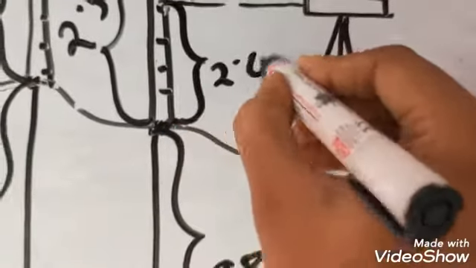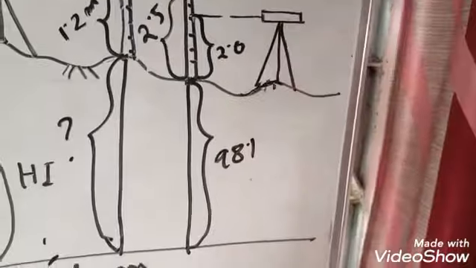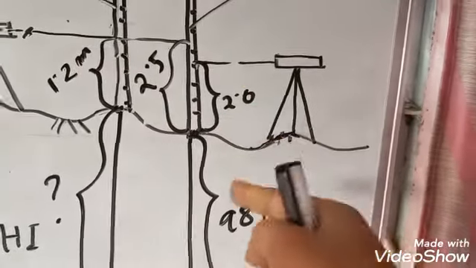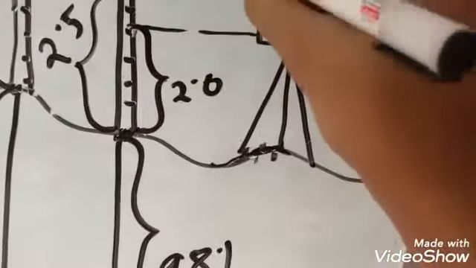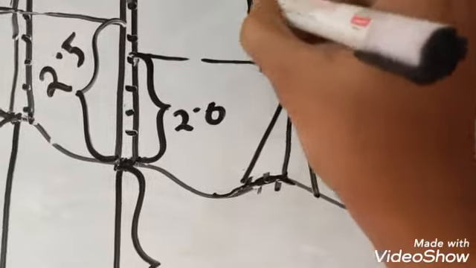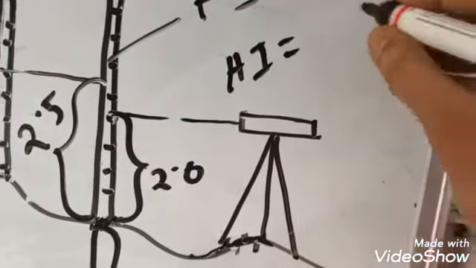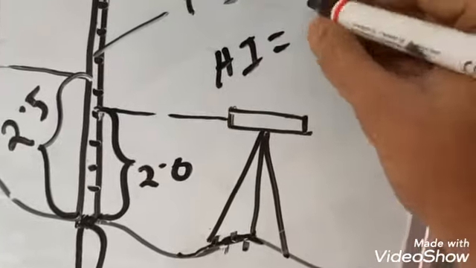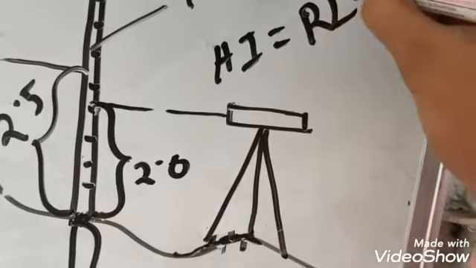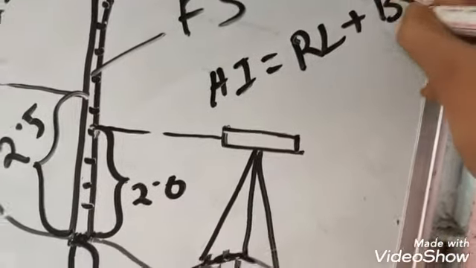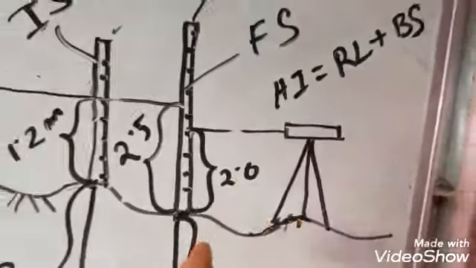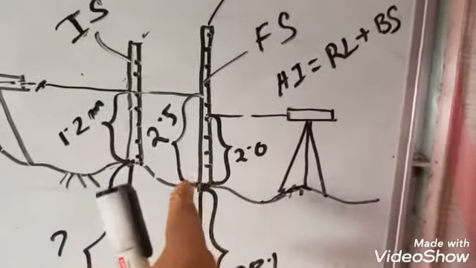So this reading is suppose 2 meters. So height of instrument is 2 plus 98.1. Just like the earlier case, height of instrument is RL plus backside. This reading is called backside because this is the first reading on a point of known elevation.